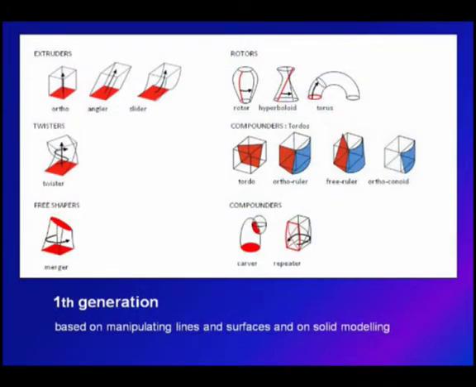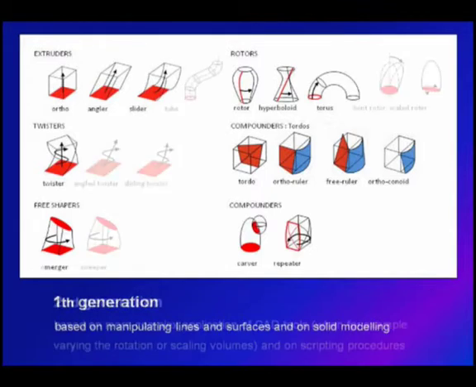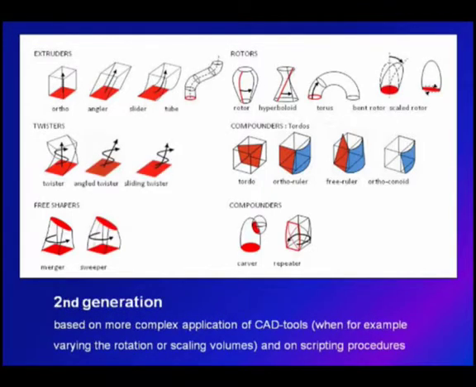The second generation, well, it makes much more variations possible on the transforming, and scripting is introduced also in a much bigger way. And thus the tube, for example, is a popular transforming system.